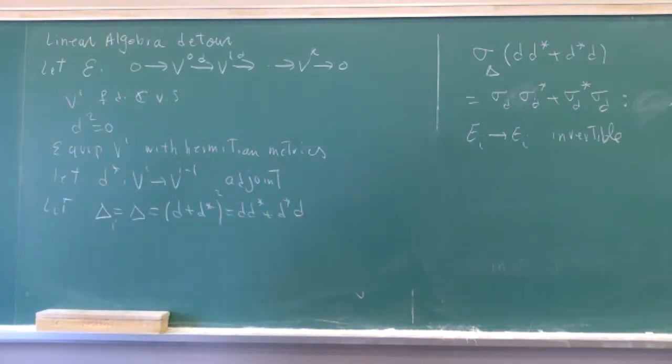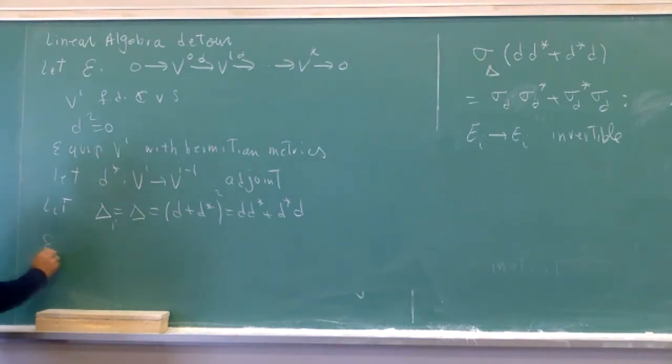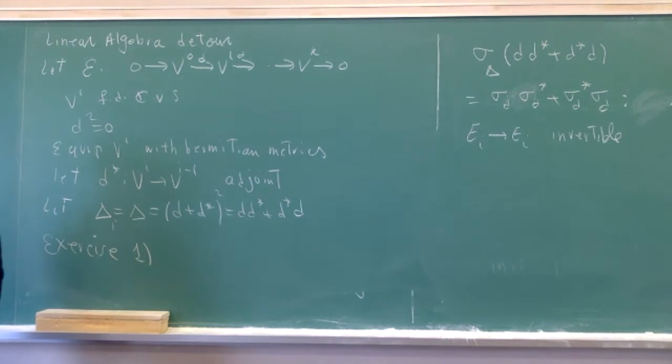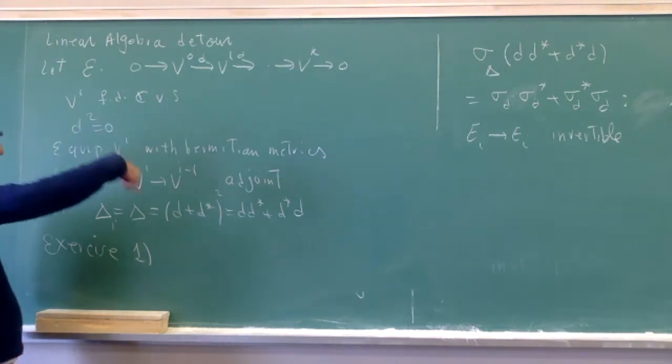Okay. So here is a nice exercise of linear algebra which goes to the heart of the matter. The first part is I want you to prove that there is a Hodge decomposition theorem for this context.